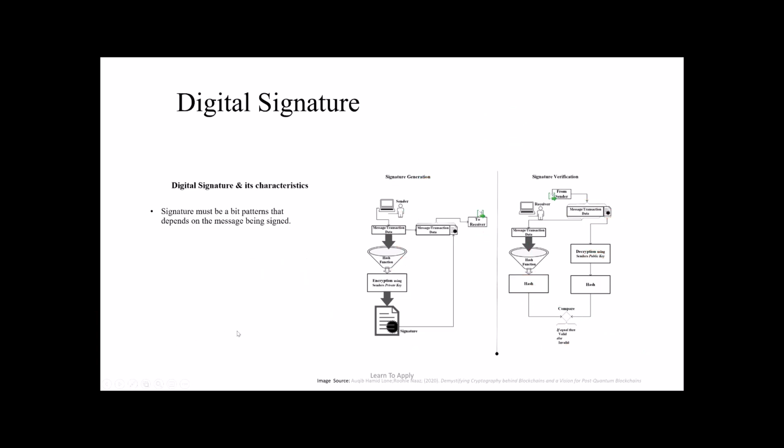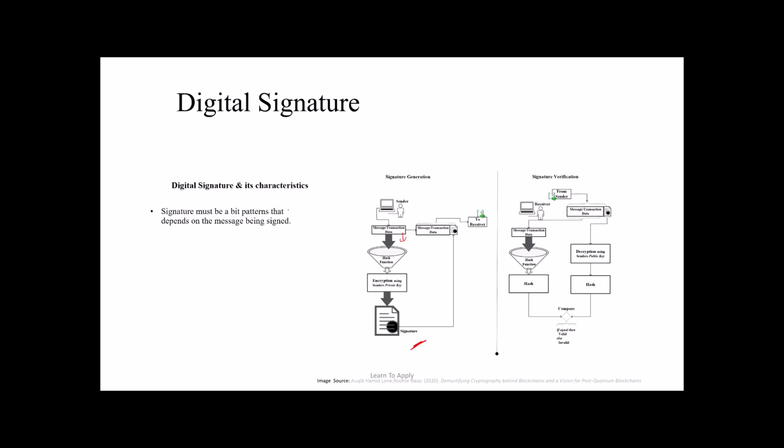Now we will look at some properties of these digital signatures. Signatures must be bit patterns that depend upon the message being signed. Yes, this is true. In our example, the signature is generated from the message. If you try to modify the message, you will get a different signature.